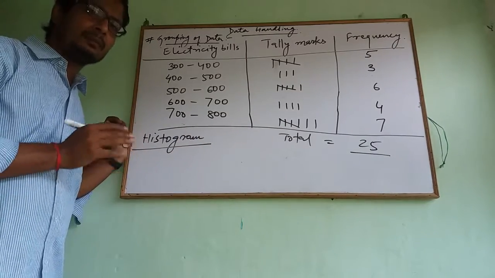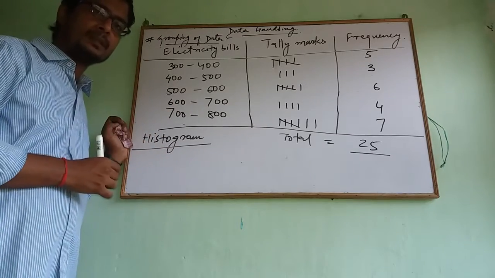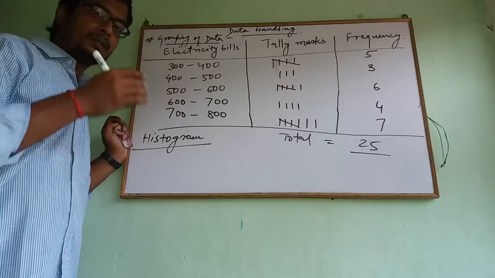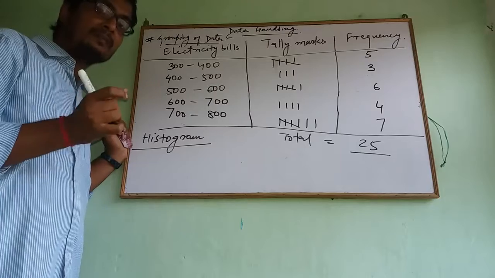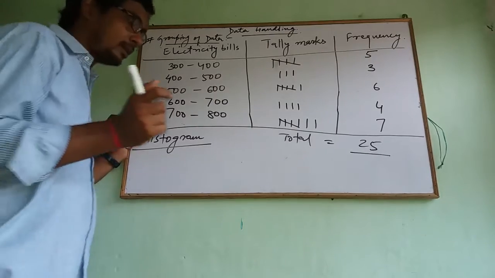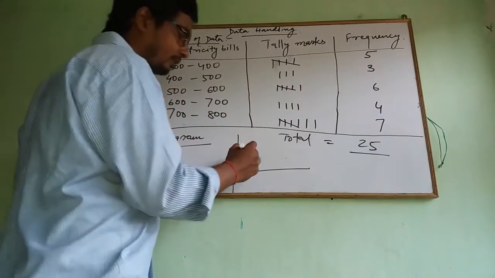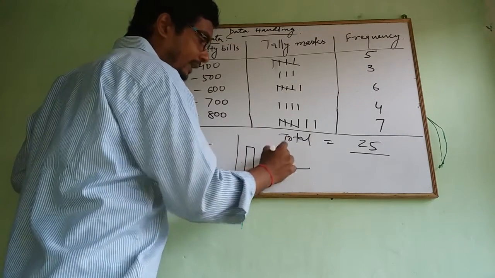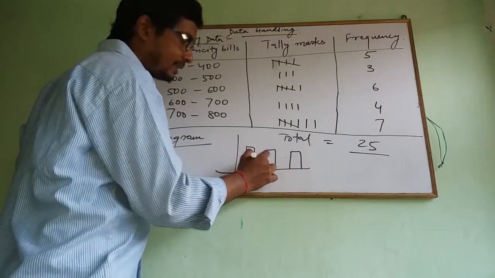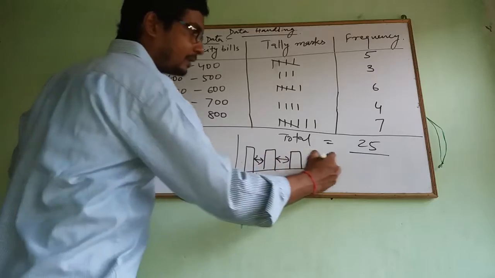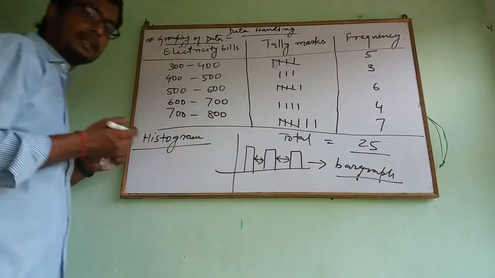It is nothing but a representation of this data on graph paper, in which the rectangles we draw will not have spaces between them. In the bar graph, which we studied earlier, there are rectangular boxes which have spaces between them.